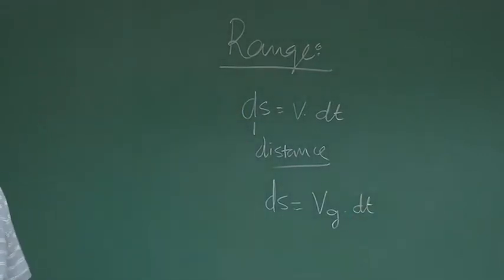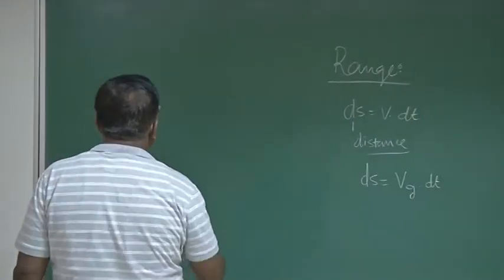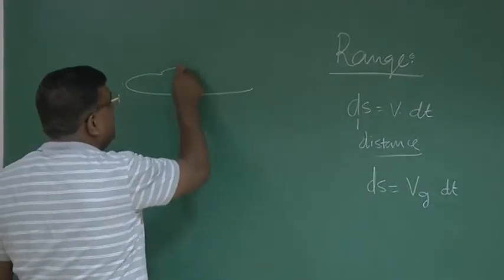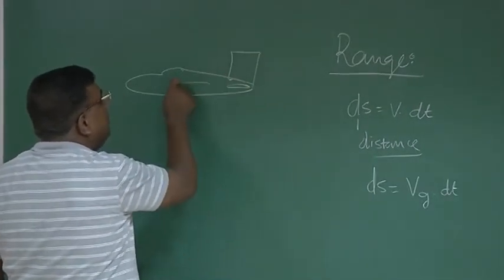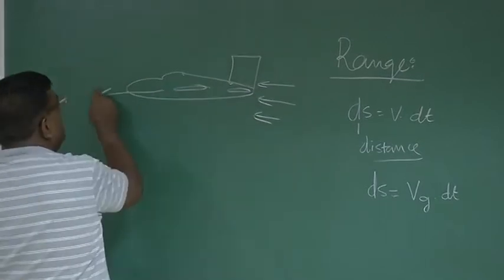Since so far we assumed that there is no atmospheric wind, the air relative speed of the vehicle and the ground relative speed of the vehicle were the same, right? But now the moment you say there is an atmospheric wind, that is, suppose this is the airplane, and the wind may flow from the tail like this.